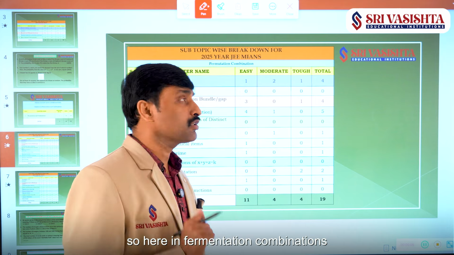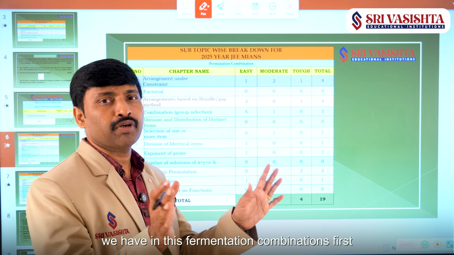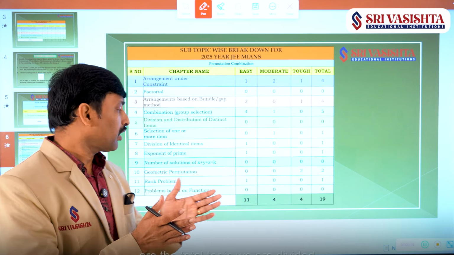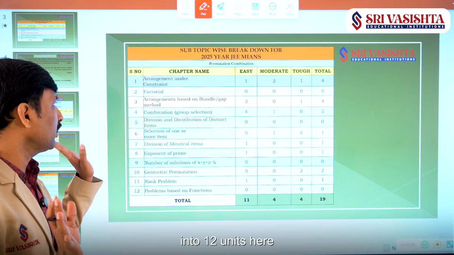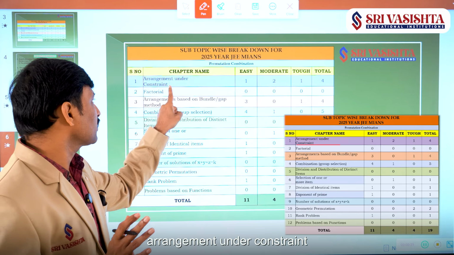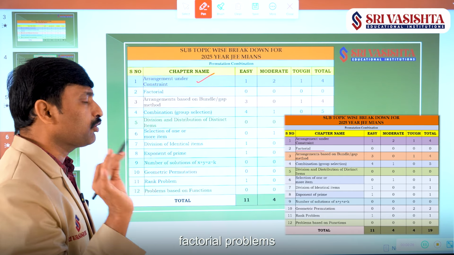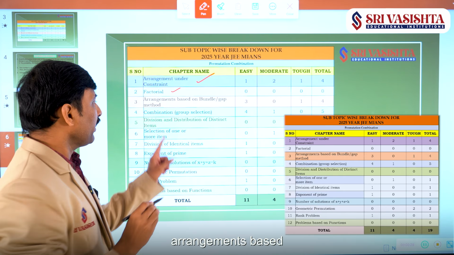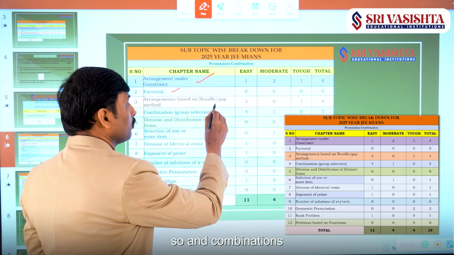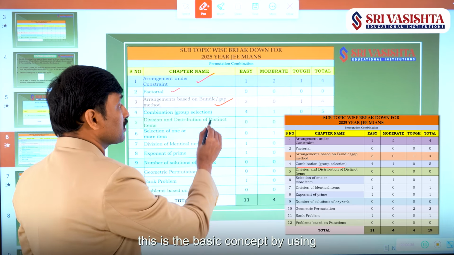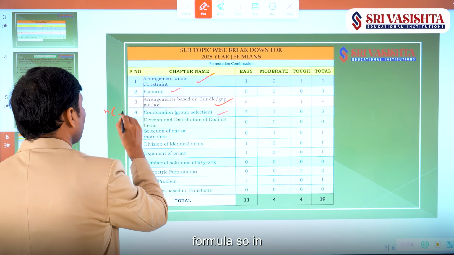What are the subtopics we have in permutations and combinations? The total topic is divided into 12 units. Arrangement under constraints is very, very important, along with factorial problems, arrangements based on the bundle and gap method, and combinations, the basic concept using the nCr formula.